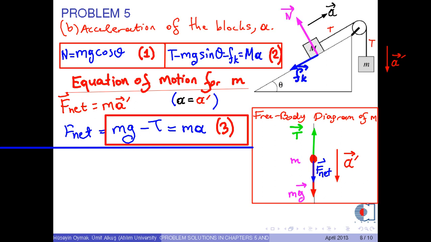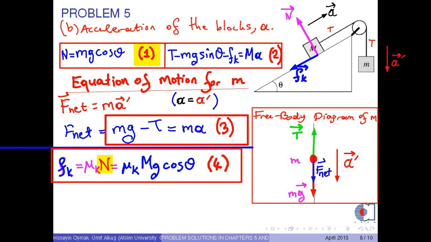And finally, the kinetic frictional force is calculated by the formula Fk equals mu k times N, or equally by equation 1 for N, we have Fk equals mu k times capital M times g times cosine theta. And let's call this equation 4. In order to progress, let me use a new page.